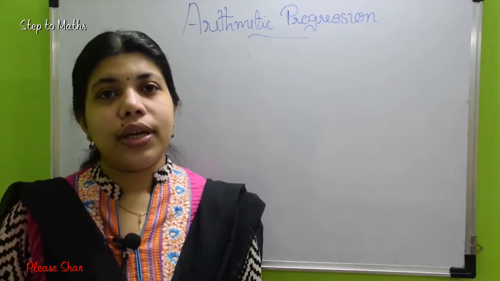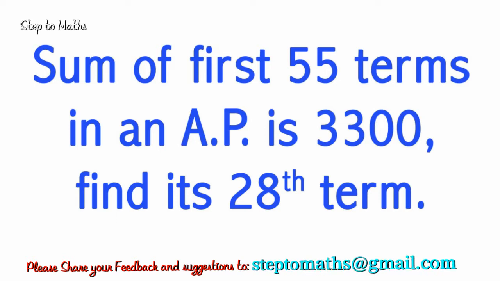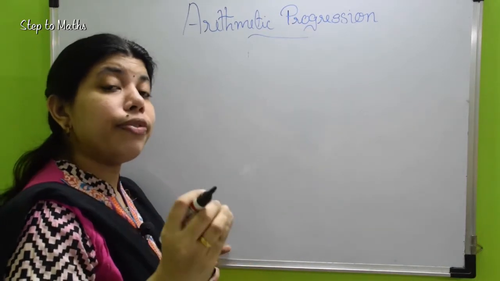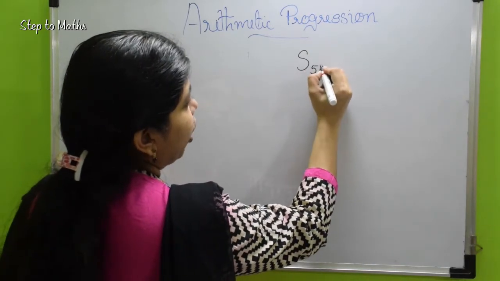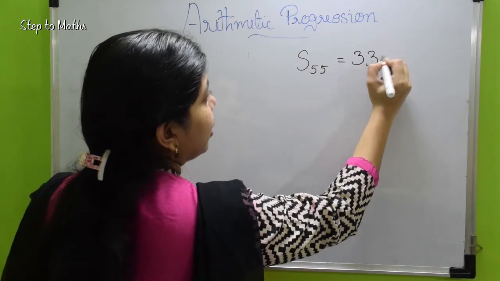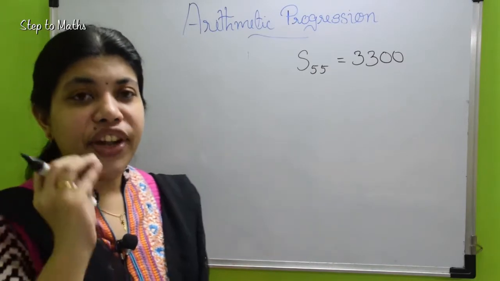The next question: the sum of the first 55 terms of an AP is 3300. Find its 28th term. That is, S55 is equal to 3300. This is the only given value.